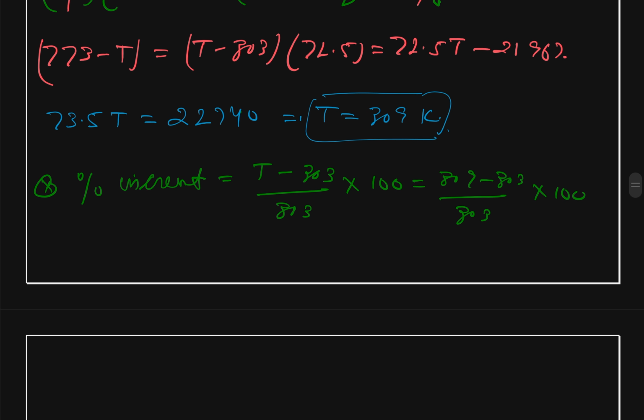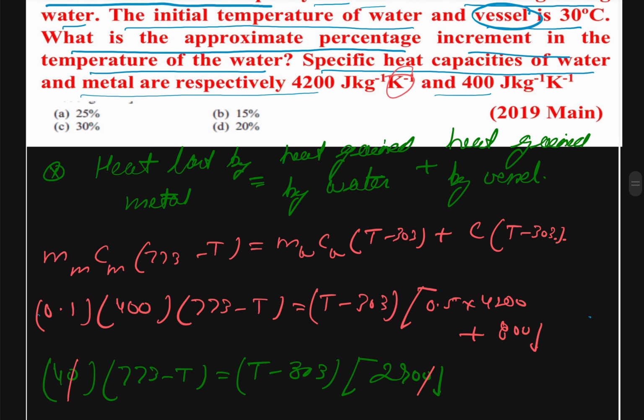So we can see approximately this is equal to 20%. So we have option D as correct.